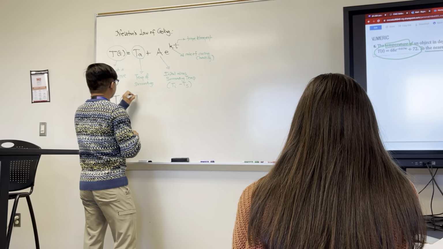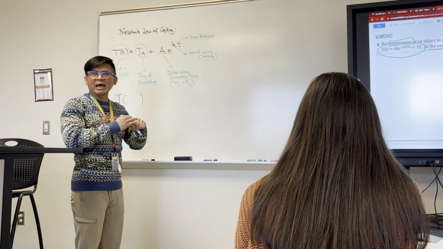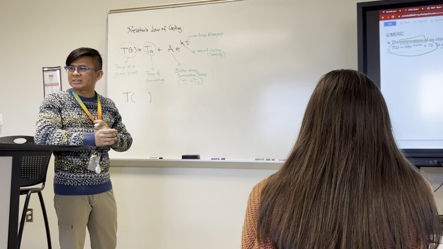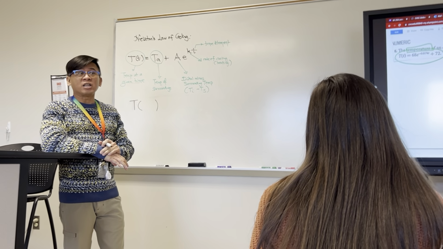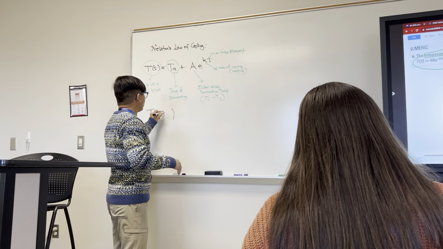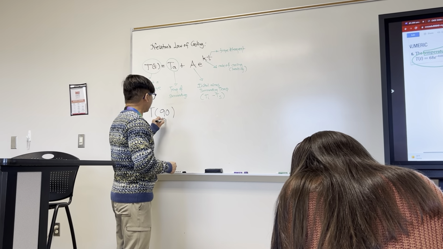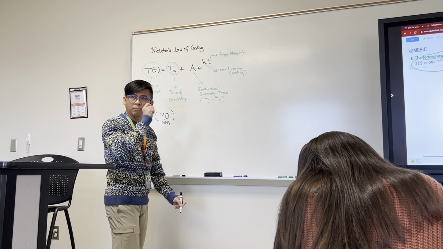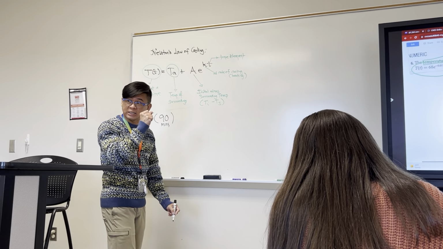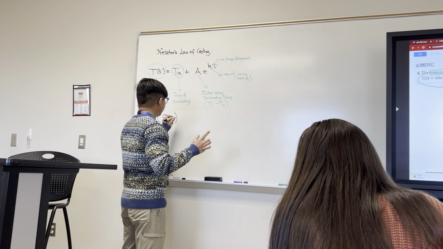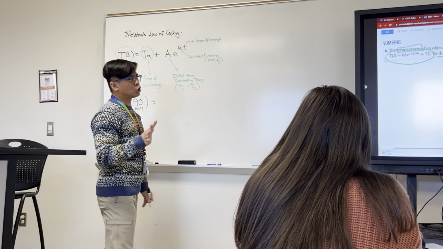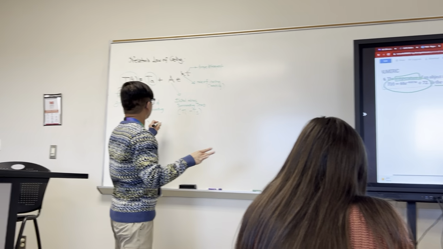When you say 1.5 hours, how many minutes is that? 90 minutes. So you don't use 1.5 because t is in minutes. You use 90 minutes. Please be specific with the time element, and be careful with those.